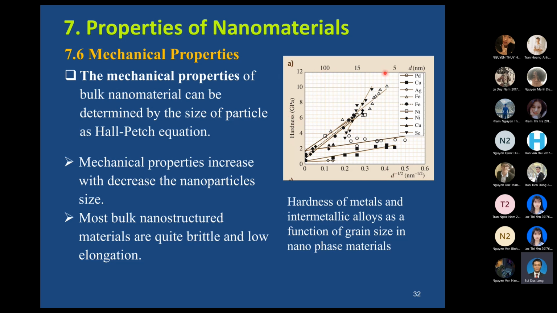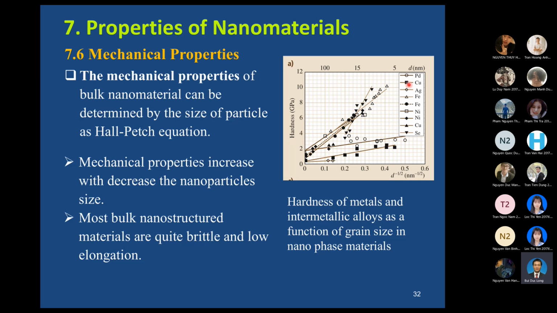On this scale I show you the particle size, 100, 15 and 5, in nanometers. So we can see that when the grain size of the material is reduced, the hardness of the material increases.